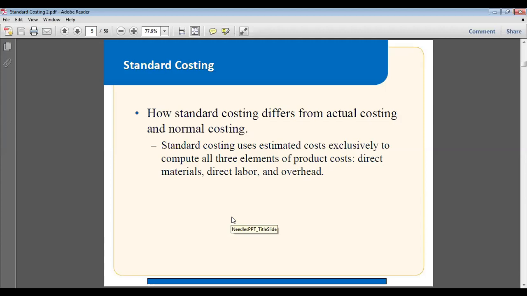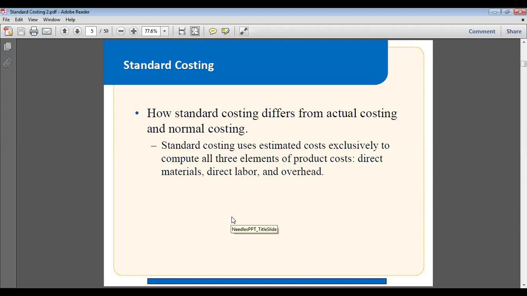Then direct labor, the wages of the actual worker who is producing the part. And overheads are miscellaneous expenses that include officials, watchmen, and all other things. These are added together for estimating the standard cost.